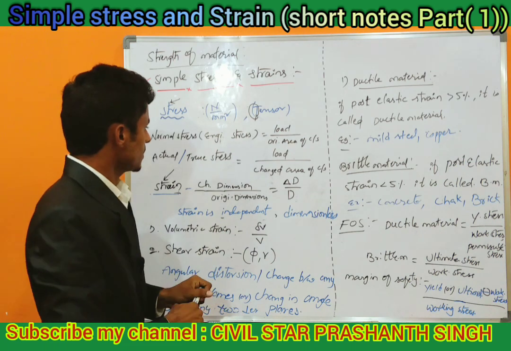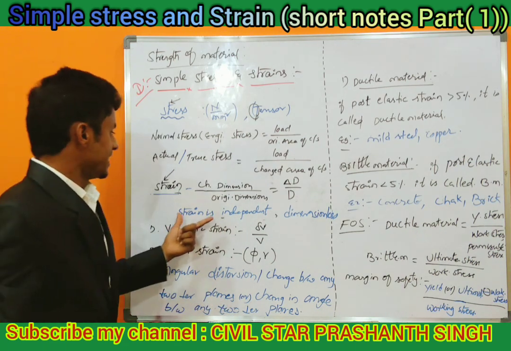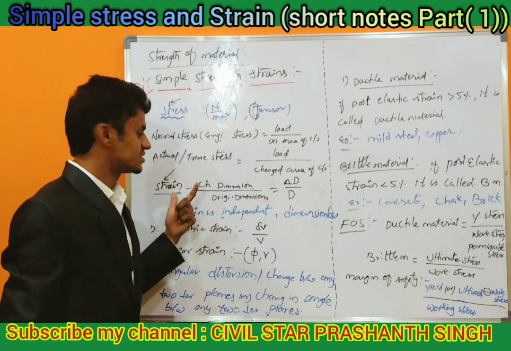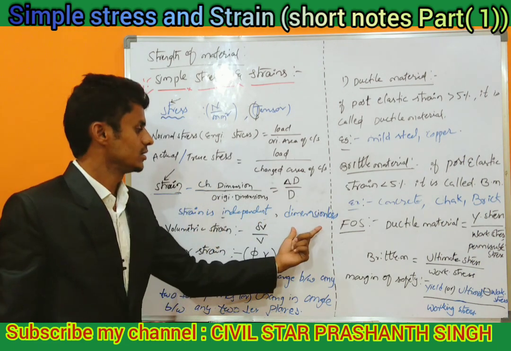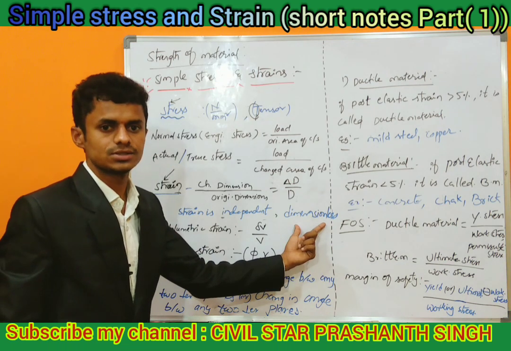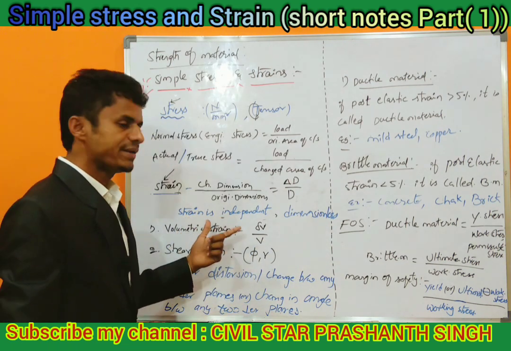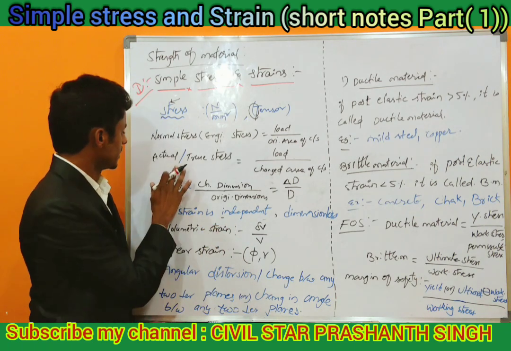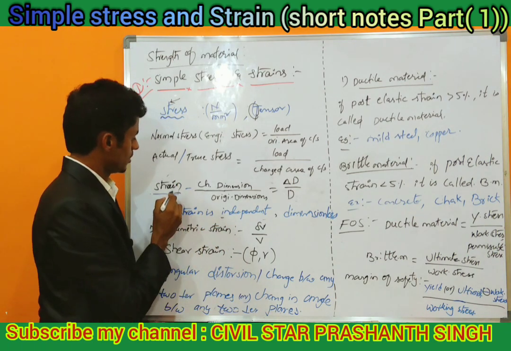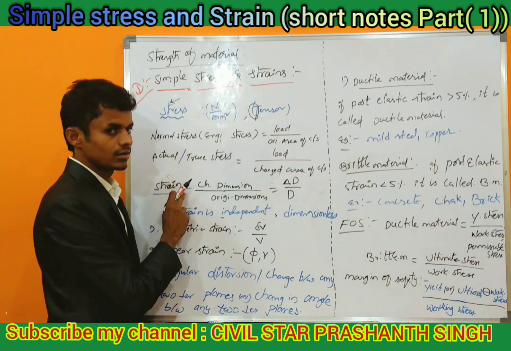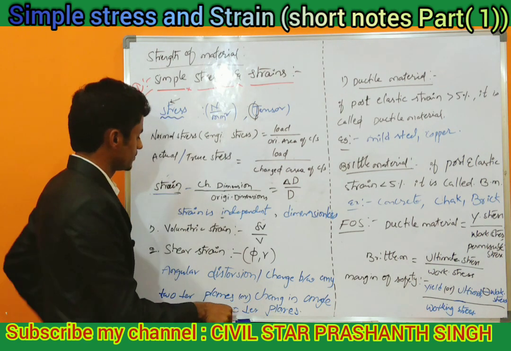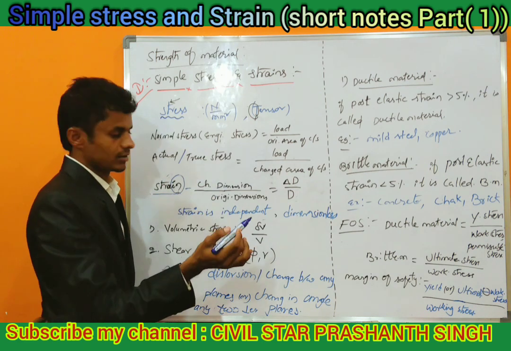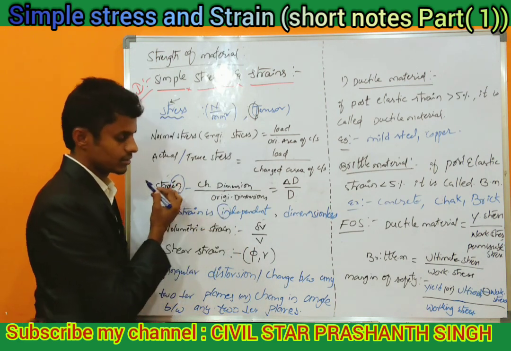Next one. Strain is independent and dimensionless. We know that strain is independent and it does not have any dimensions. So how to remember that strain is independent? See here, in the word strain, the last letters are IN. Independent also starts with IN.